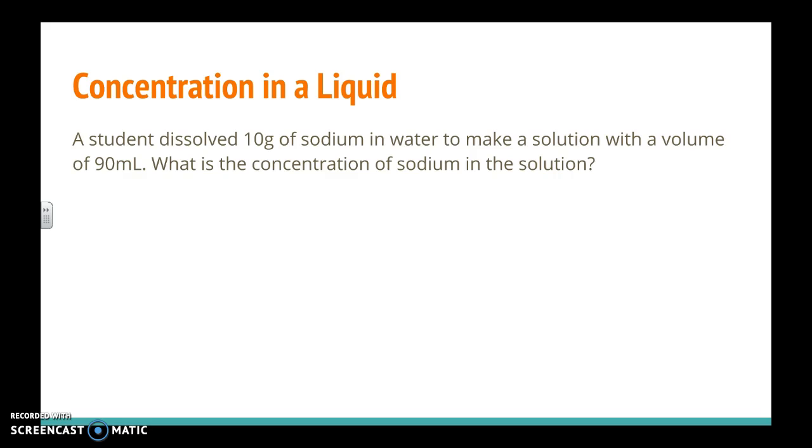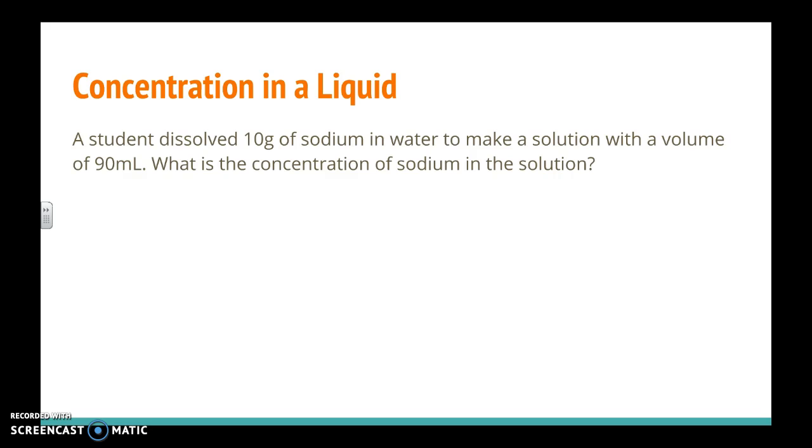If you divide 10 by 90, you get 0.11. So you'd have 0.11 grams per milliliter of sodium. So 0.11 grams of sodium for every 1 milliliter of water. That's a concentration. We're talking about how many grams of sodium are in every milliliter of water.